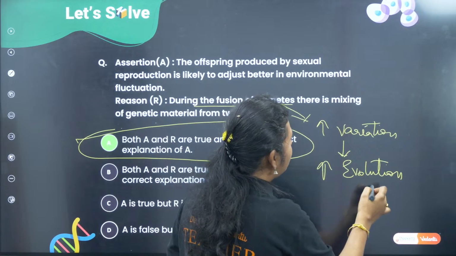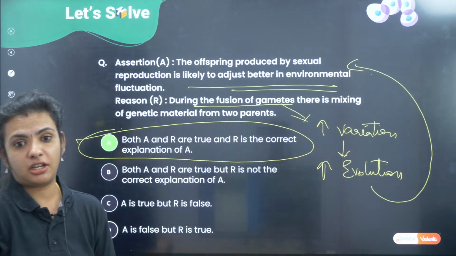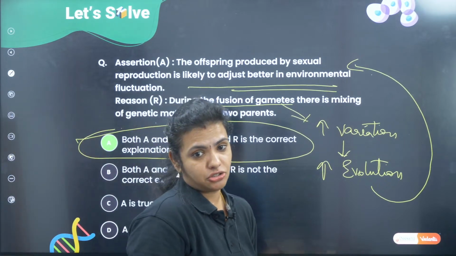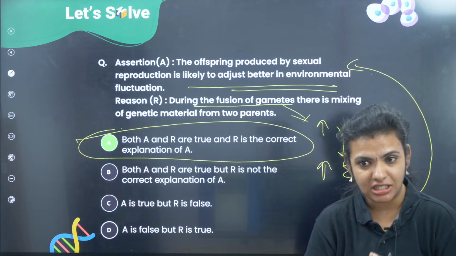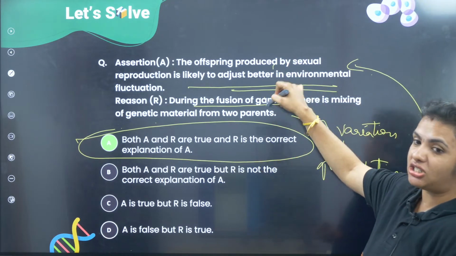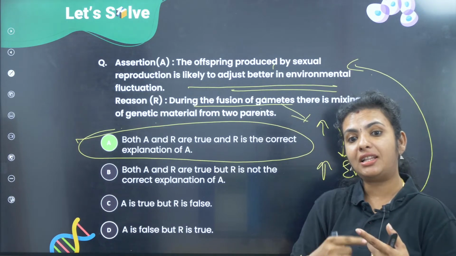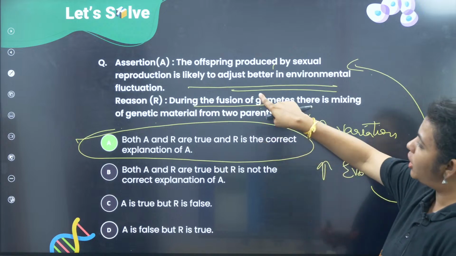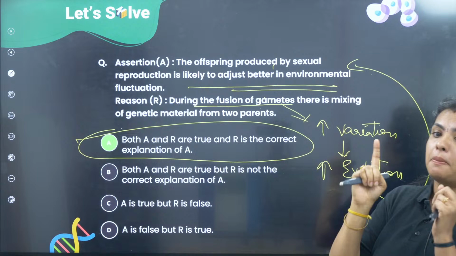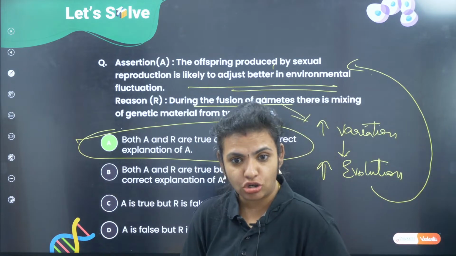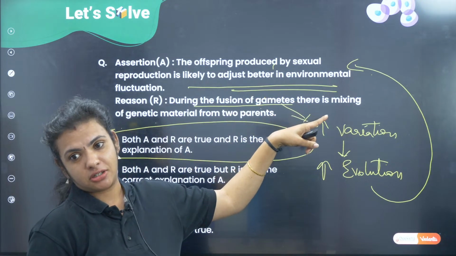And when there is evolution, there is better adjustment to the environmental fluctuation. So these are all interconnected. So you have to analyze in such a way that where the connection lies. Okay, is there a connection between the two and where the connection lies. So because there is fusion, there is mixing. Because there is mixing, there is variation. Because there is variation, there is evolution. And because there is evolution, there is better adjustment.